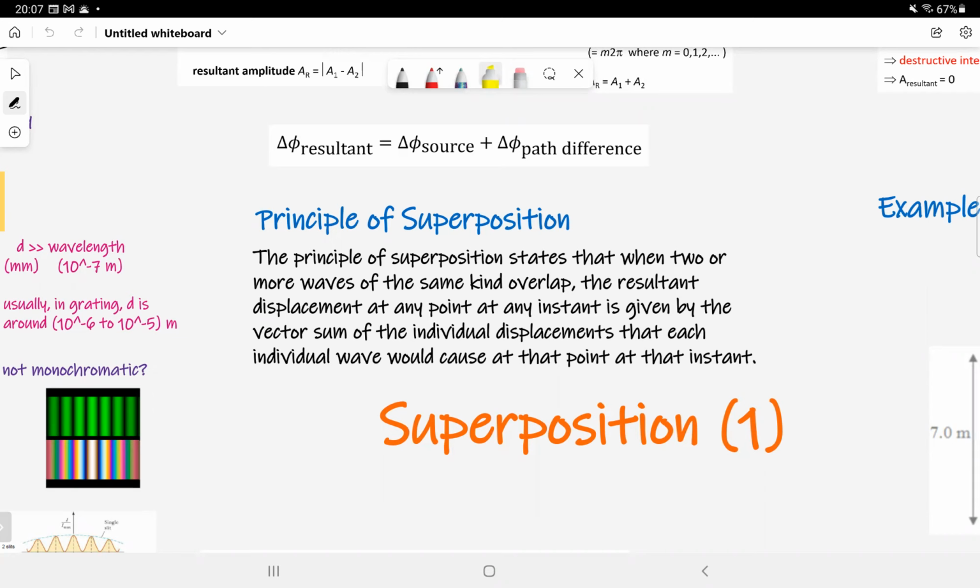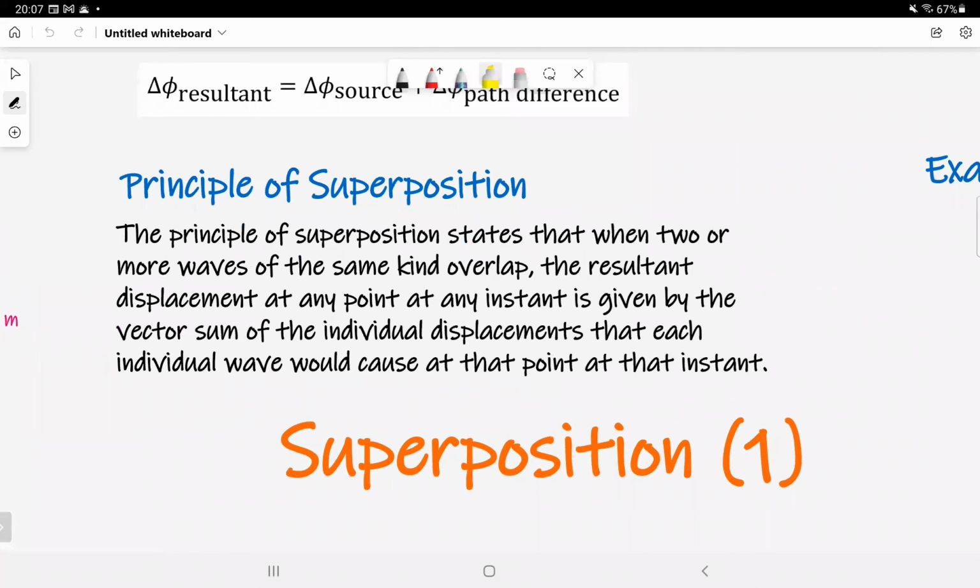That's disrespect. So let's respect the principles, because this is the only thing that is called a principle in this entire topic. Surely it must be damn important, because it sets the foundation for everything else. So first and foremost, it states that when 2 or more waves overlap, and they must be of the same kind, you see a few things already.